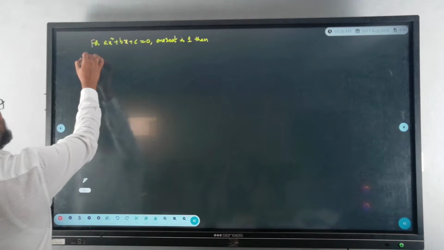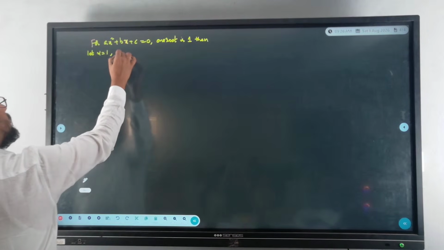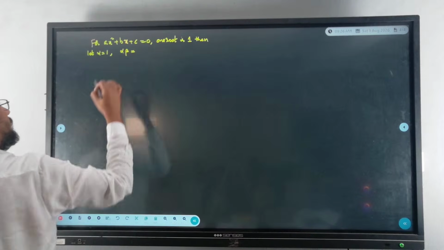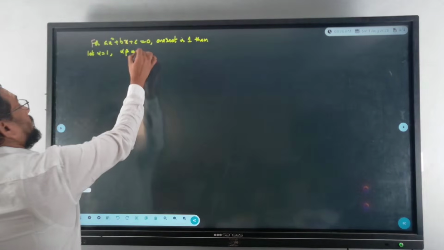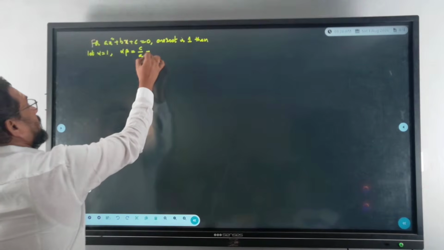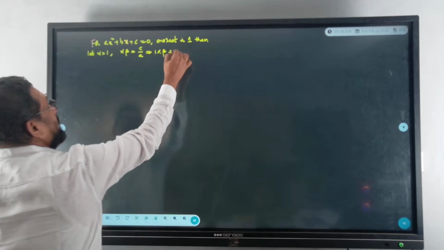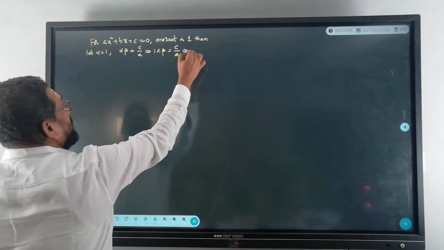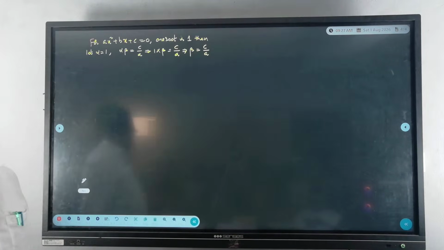See, let alpha is equal to 1. What is alpha plus beta? Minus b by a. What is alpha into beta? It is equal to c by a. That implies beta is equal to c by a.